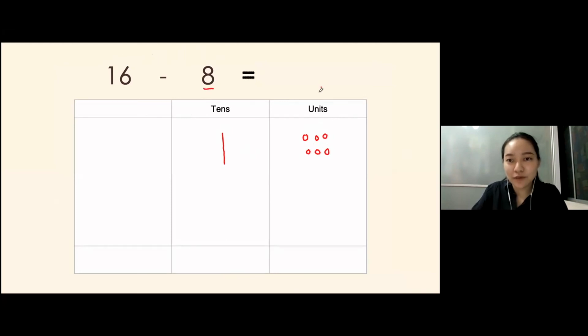Let's start from units, ones. I take away 1, 2, 3, 4, 5, 6. Is it enough? No, it's not enough. I need 8. So where can I take? We take from tens. Okay, so let's draw tens here. 1, 2, 3, 4, 5, 6, 7, 8, 9, 10.